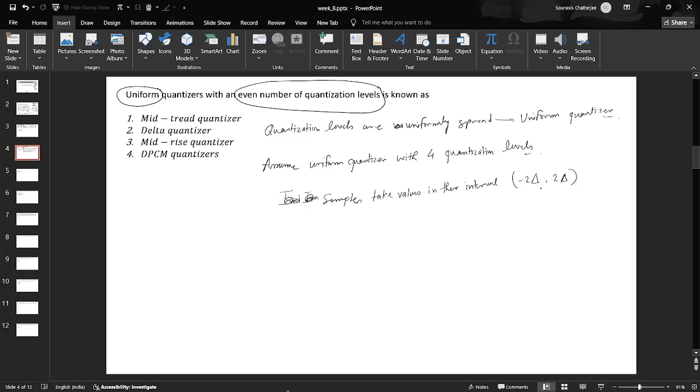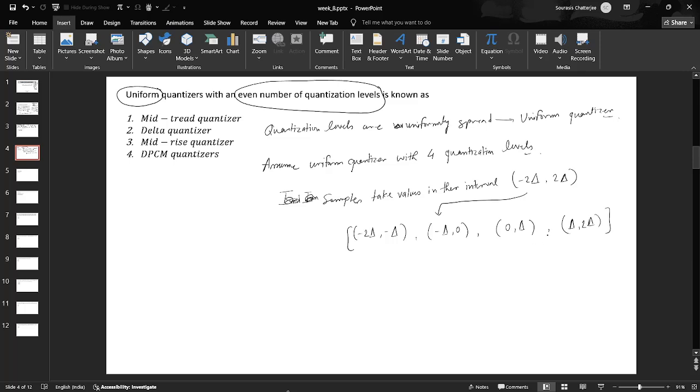This interval I am breaking into 4 parts: -2 delta to minus delta, minus delta to 0, 0 to delta, and delta to 2 delta.